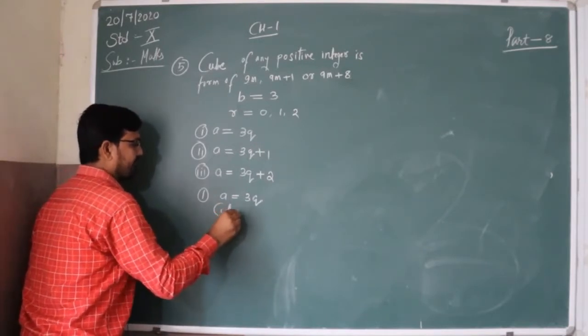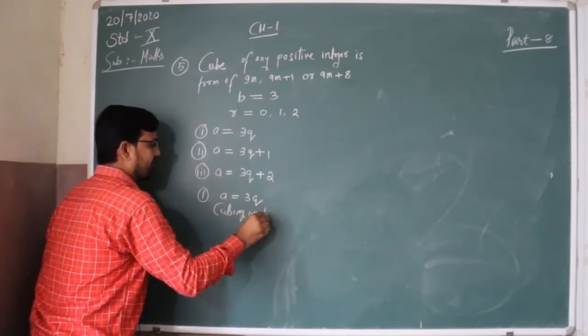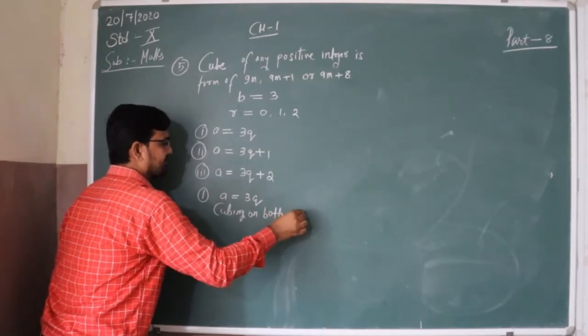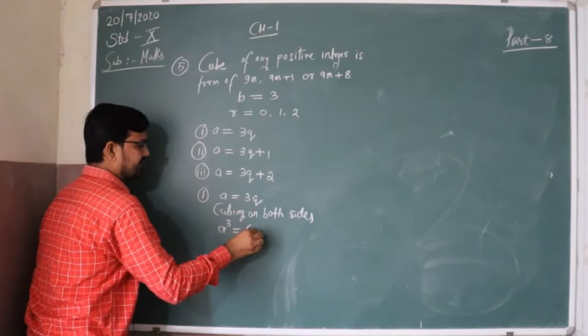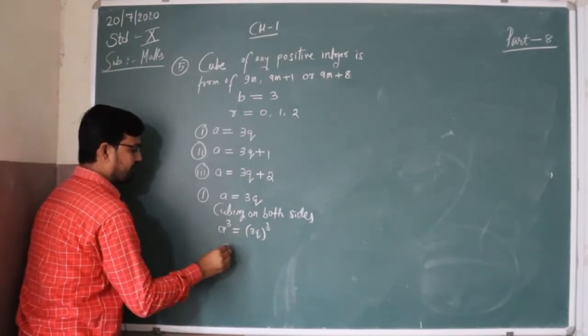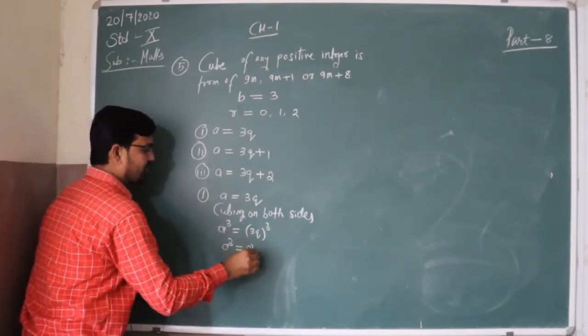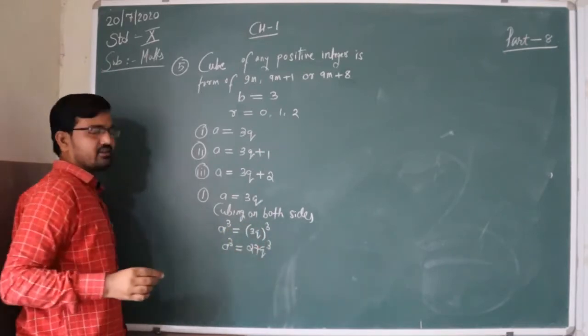So see the first case, a is equal to 3q. Cubing on both sides, a cube is equal to 3q whole cube, which is 27q cube.